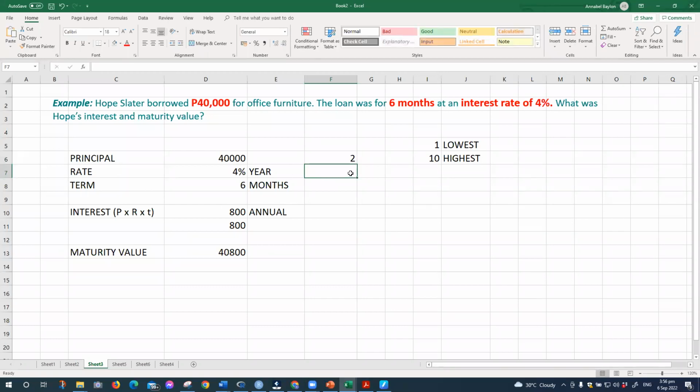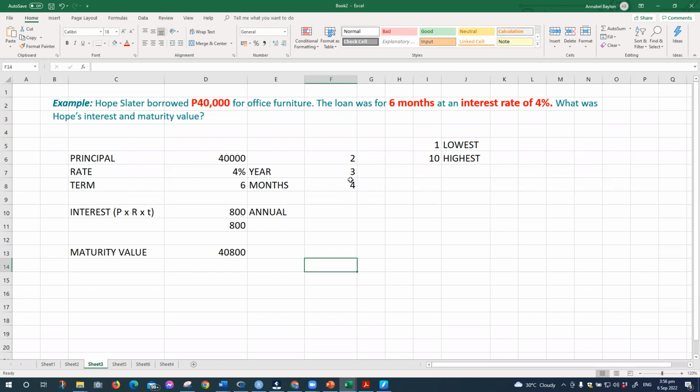And then si rate na triple siya, and then si term na naging 4 times siya. Okay, what will happen to the interest? Your interest now will grow by 2 times 3 times 4. Okay, so that's 24 times compared to yung original. Alright?